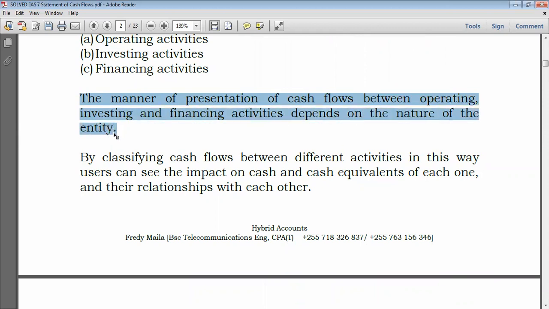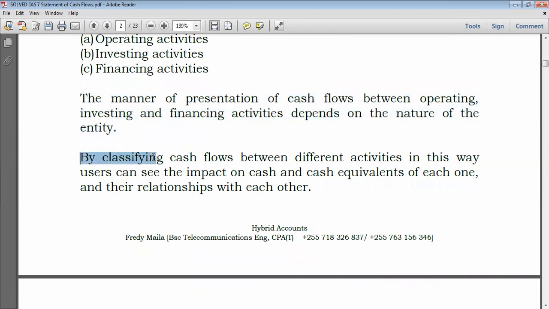Actually, it really depends on the nature of the entity, because there are entities that are, let's say, financial institutions, they earn interest, but interest is part of their revenue. So it really depends on the situation. And so, as I told you, we separate operating activities, investing, as well as financing activities.